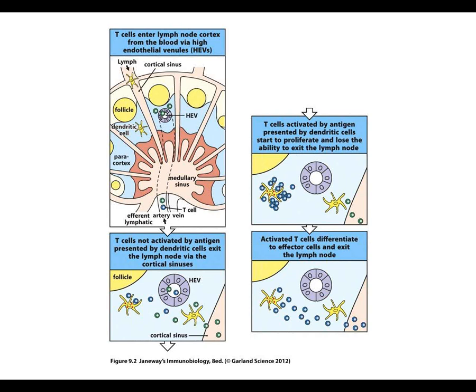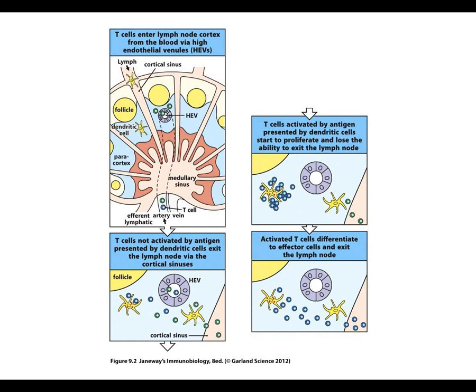So the point of the secondary lymphoid organs is to bring T cells and the antigen-presenting cells into close quarters with each other. If all of these things were just floating around in the blood vessels, they would never be able to see each other. So I call it the dating bar of the immune system. This is where everything needs to go to meet up. It puts them in close proximity to each other.